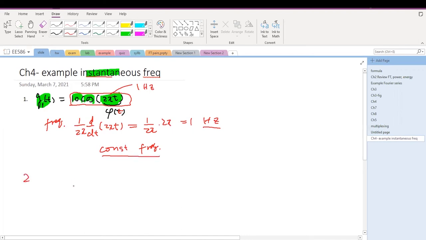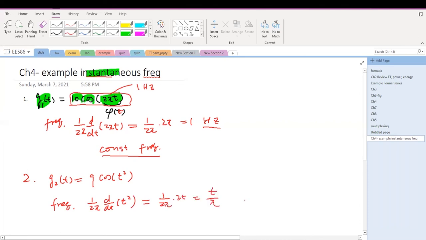Now let's look at the second one. What about g2 of t equals 9 cosine t squared? And then for the frequency, we always use this formula. This is the formula to obtain the instantaneous frequency. The angle is t squared. So therefore we have the derivative of t squared divided by 2 pi, and the unit is hertz.